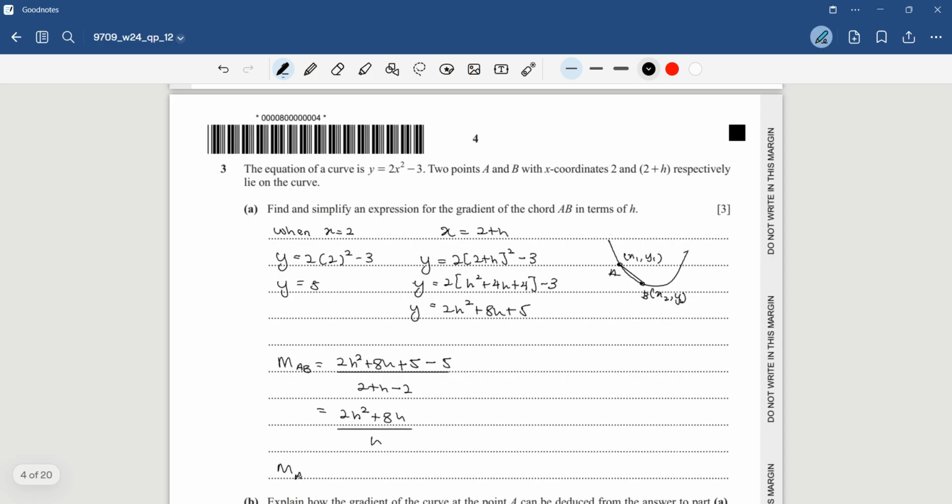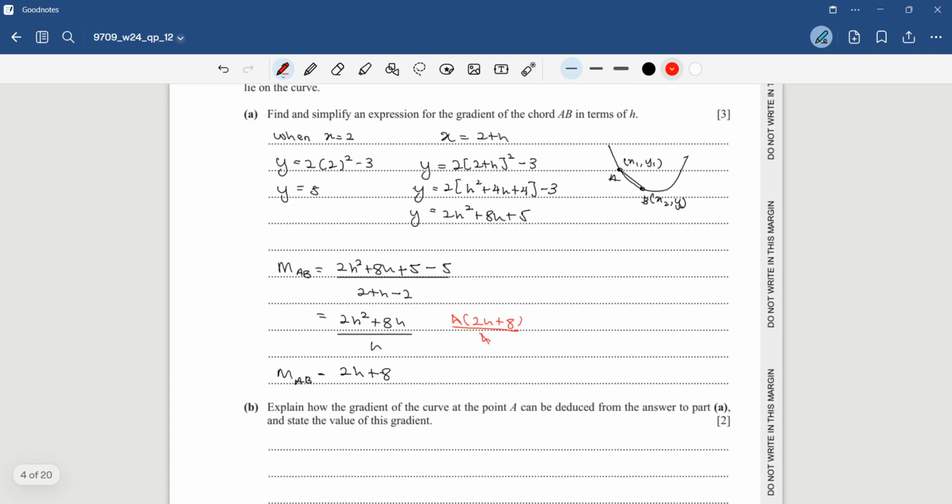Therefore, MAB, you can cancel off the h, you'll get 2h plus 8. Okay, so just cancel off. I just simplify this: 2h squared plus 8h over h, so you can cancel like this.